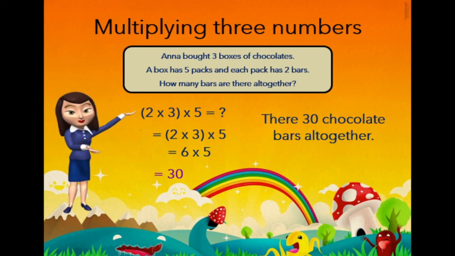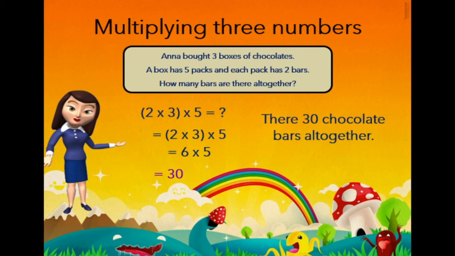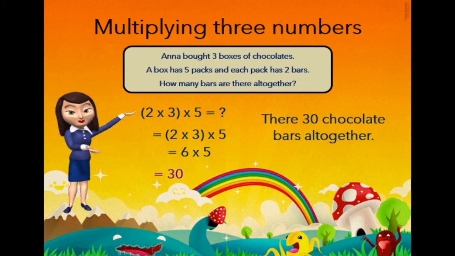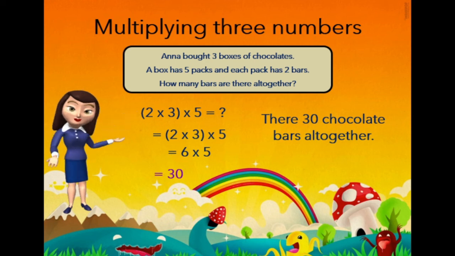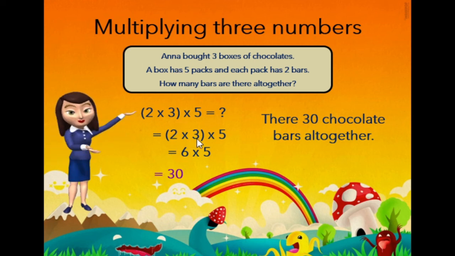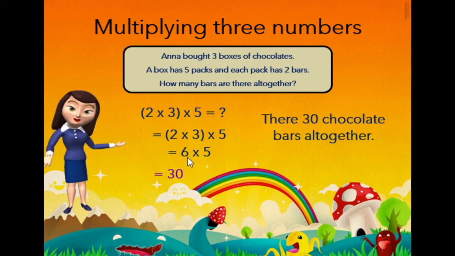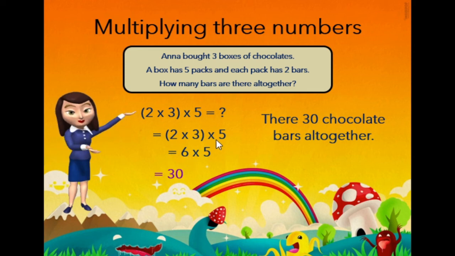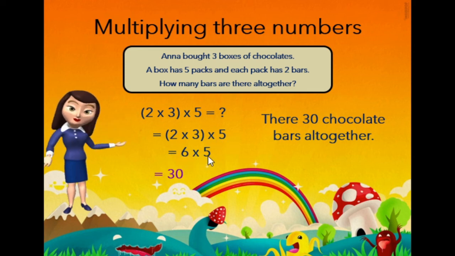If you can see numbers inside a bracket, you do it first. So the numbers inside the brackets are 2 and 3. So you have 2 times 3 equals 6. Copy times 5. So you have 6 times 5.